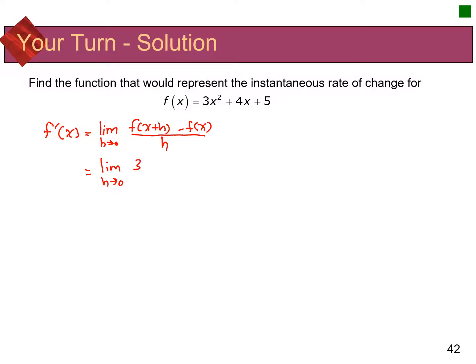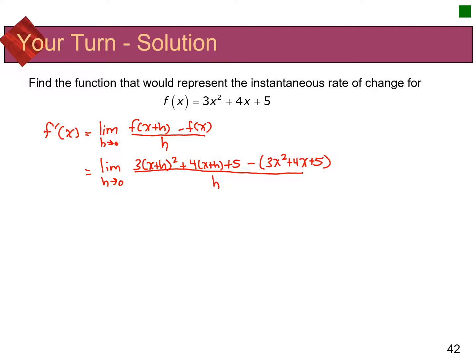I'm going to have 3 times x plus h squared plus 4 times x plus h plus 5 minus f of x, which is just going to be 3x squared plus 4x plus 5, all over h. Now, at any point in here, if I plugged in 0 for the h's, I would end up with 0 over 0. I'll leave it to you to explore that, to verify that, but that's exactly what would happen.